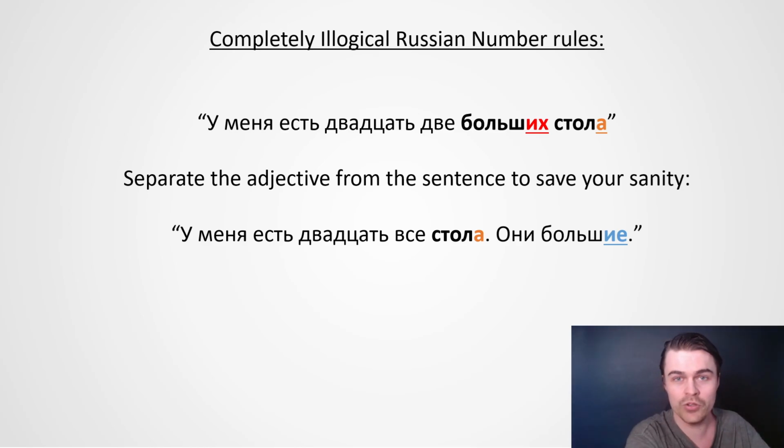Throw it out the window. I might be ranting a bit here, but this doesn't make sense. I don't really like this rule. I prefer if it's singular, use the singular word. If it's plural, use the plural word.